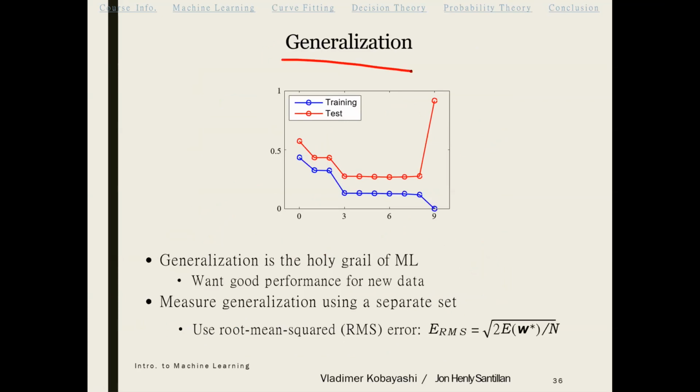Okay, so now we go to the concept of generalization. So what is generalization? Generalization is the holy grail of ML. Because learning is about generalization. So if I show you pictures of trees when you are young, pinakita ko kayo ng mga picture ng mga puno.